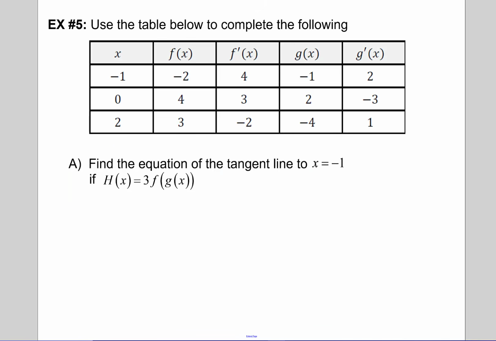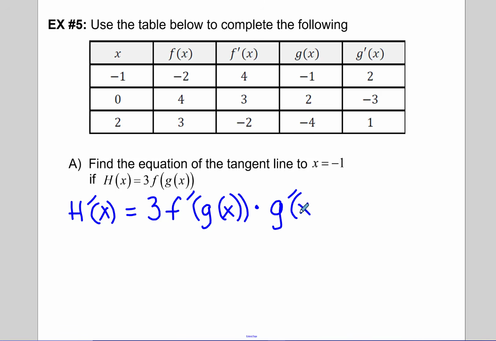Use the table below to complete the following. We want to find the equation of the tangent line at -1 if h of x is defined to be this composition. So just like the previous example, we want to find the derivative in general form, which is 3f prime, hold g steady, times g prime.